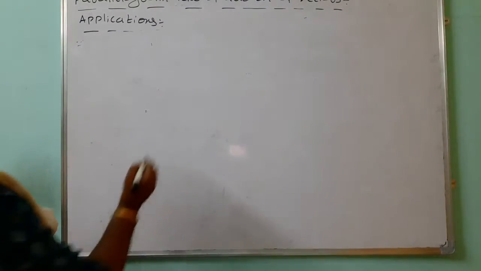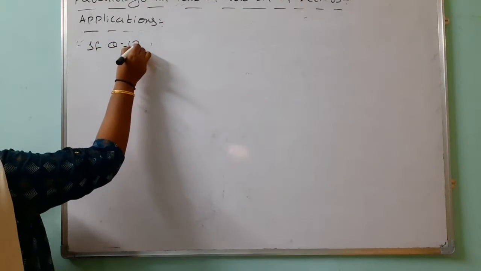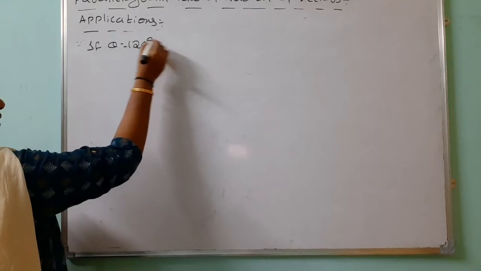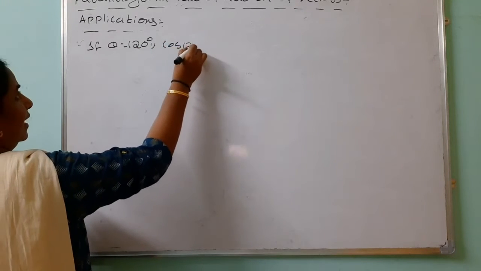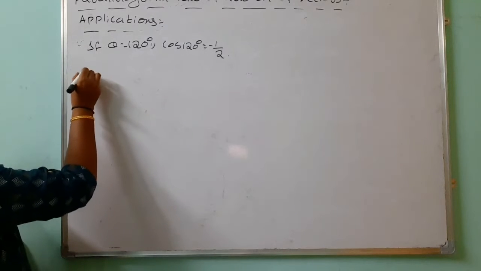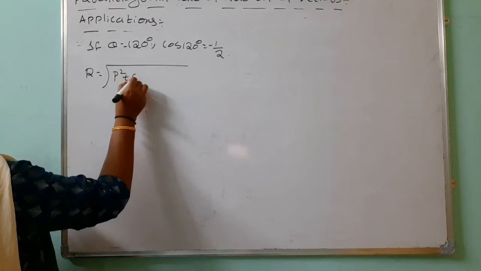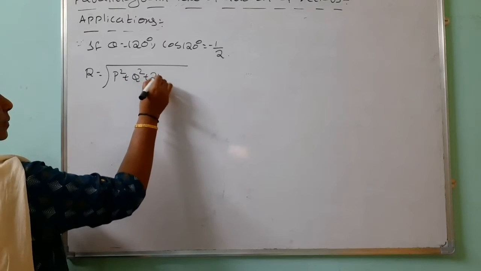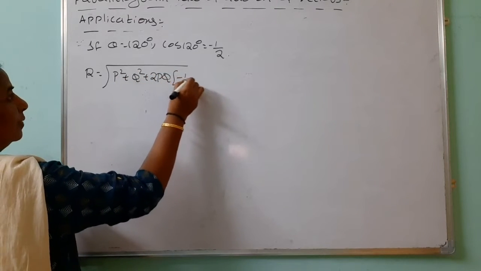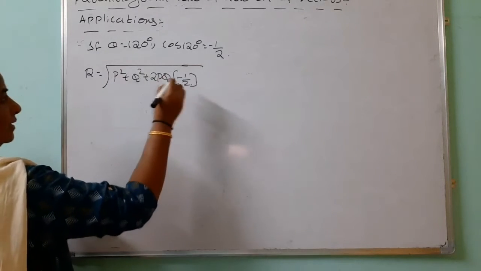Next application is if theta equals 120 degrees, and cos 120 degrees value is minus 1 by 2. Then how to find out the resultant in this case? R equals under root P square plus Q square plus 2PQ into minus 1 by 2.